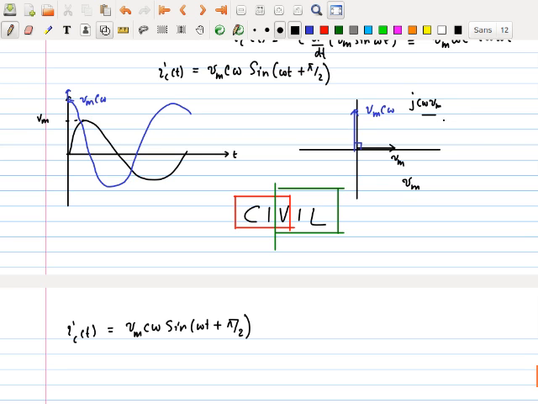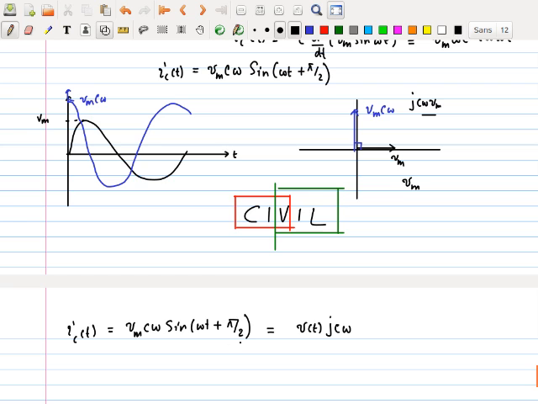So J C omega Vm. So essentially this 90 degrees is the one that is going to incorporate the J. So I can rewrite this as V of t times J times C omega, because this 90 degrees is going to generate the J to indicate that it's vertical.